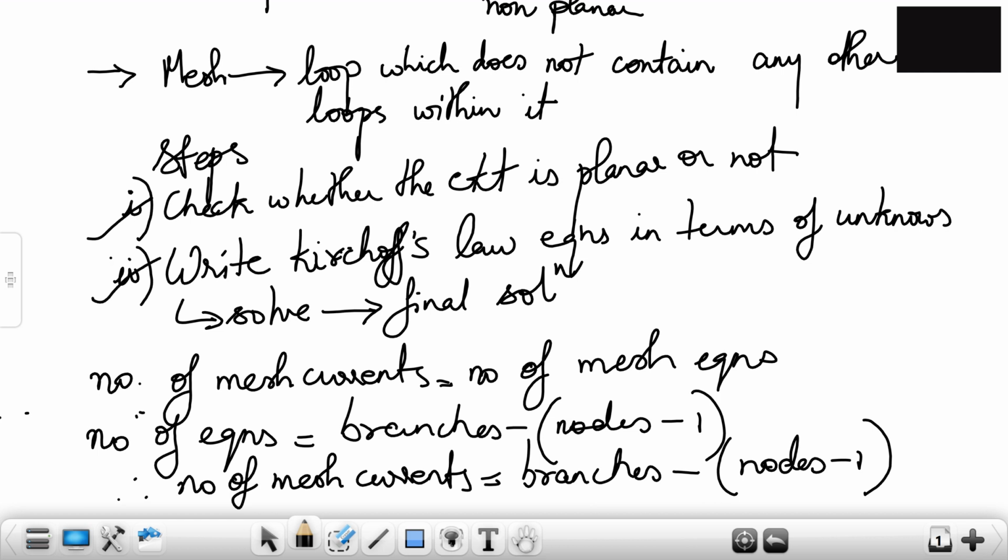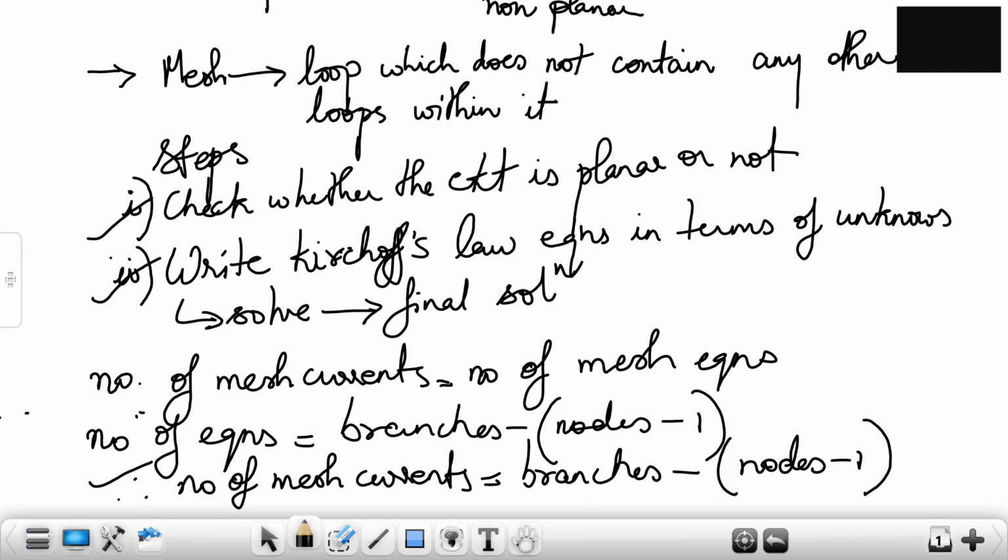Second, you write Kirchhoff's law equations in terms of unknowns. Solve them to find the final solution. Number of mesh currents is equal to number of mesh equations. Number of equations is equal to branches minus nodes minus 1. So finally, number of mesh currents is equal to branches minus (nodes minus 1).